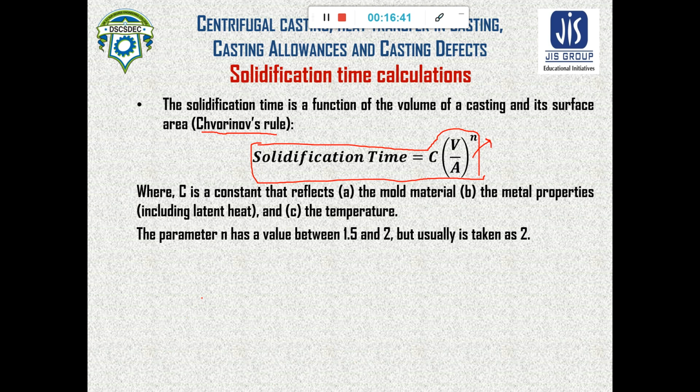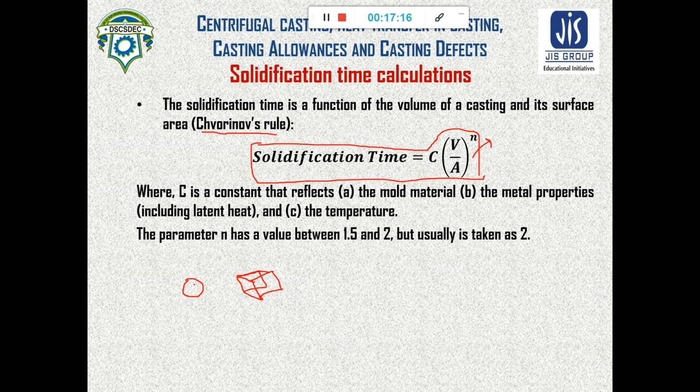You can have this type: say a spherical body and a square body with the same volume are being casted, which can solidify faster? That can be given by this equation.